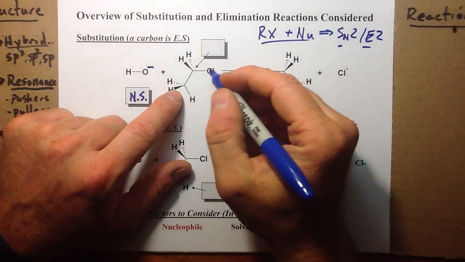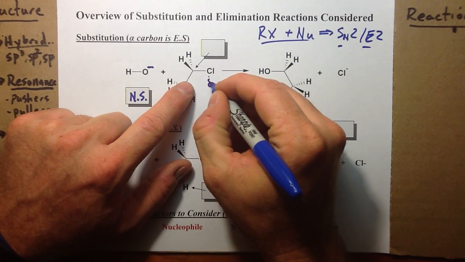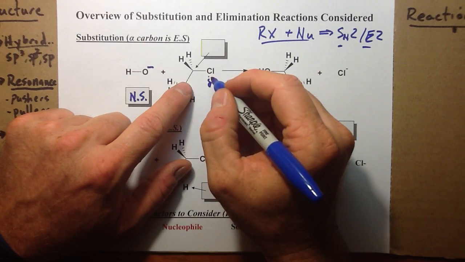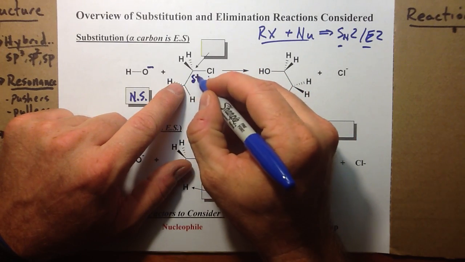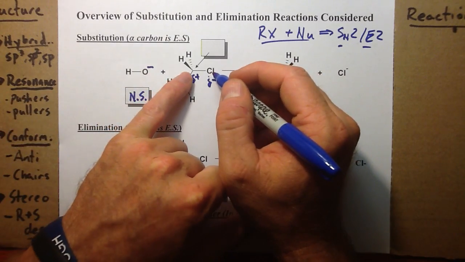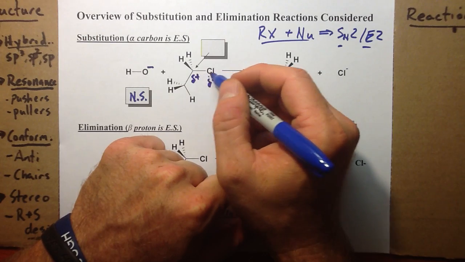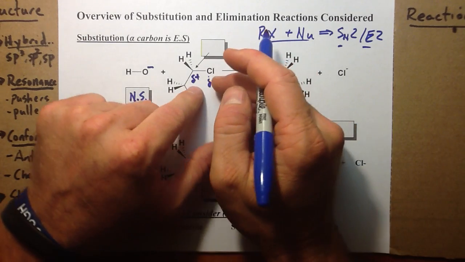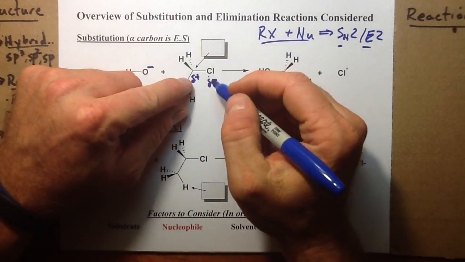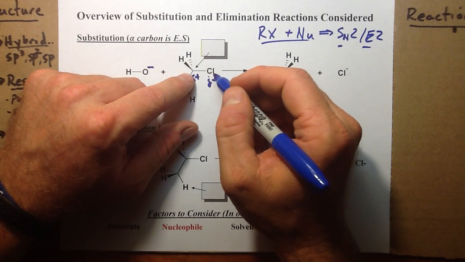Well, if we go to the alkyl halide, we know that this is electron withdrawing by inductive effect, so we could put partial negative, partial positive, just tagging the structure, not based on resonance, but based on inductive effect. Carbon to chlorine bonds are polarizable. In solution, they're polarized, and we can have partial positive, partial negative charges for the C and the Cl.